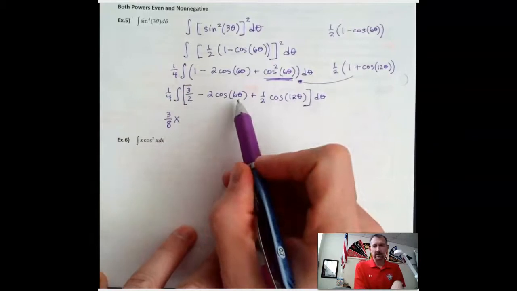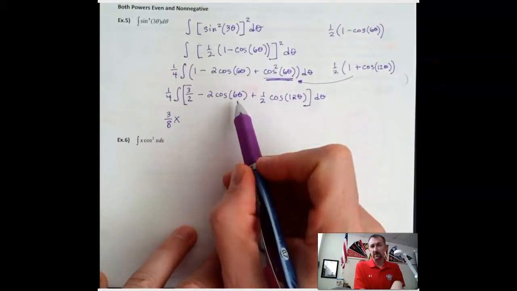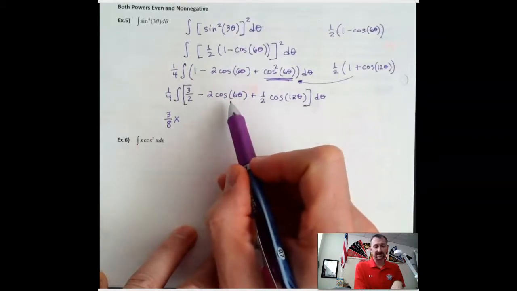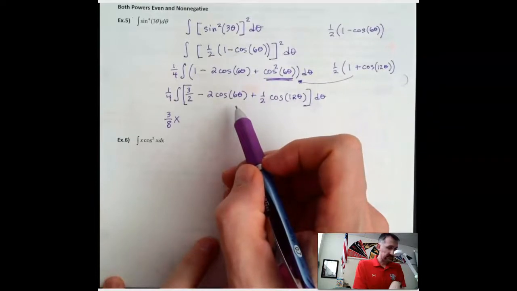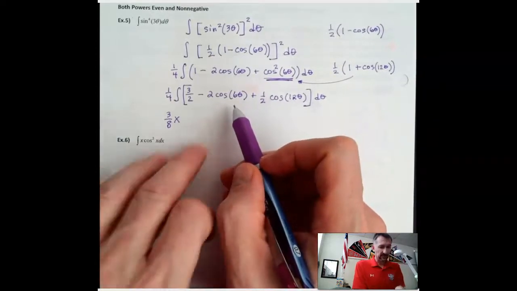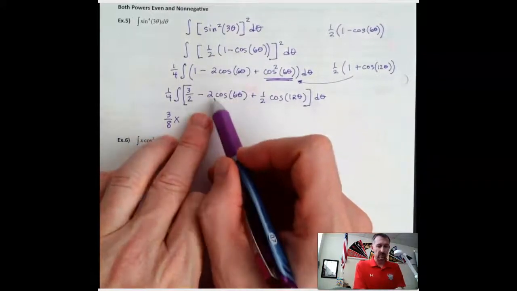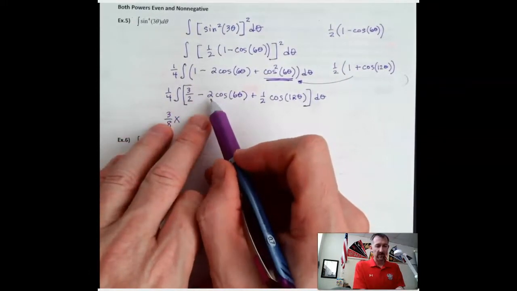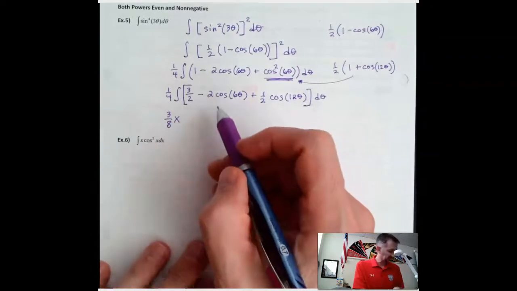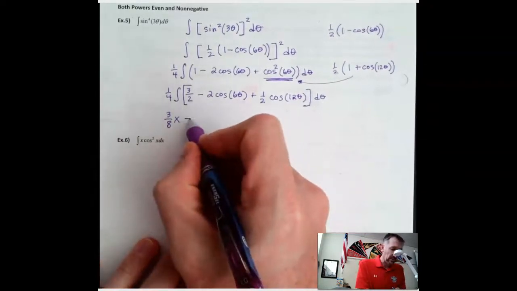So if we let u be 6 theta, then du would be 6 d theta, and we'd have to divide by 6. So we're going to get a 1/6 in front of this. We also have 1/4 times 2, so that's 1/2. So we're going to get 1/2 times 1/6. That's going to be 1/12.